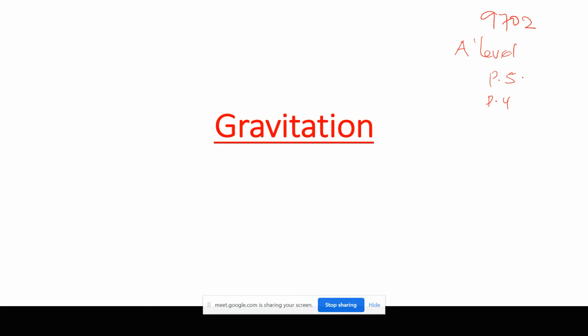Now paper 5 is like an alternative to practical, but because it is compulsory, I can't say it is an alternative to practical.